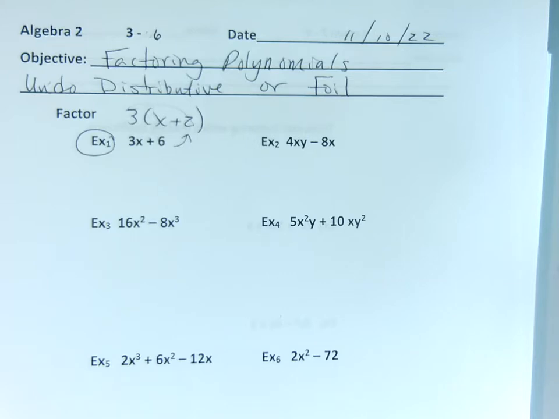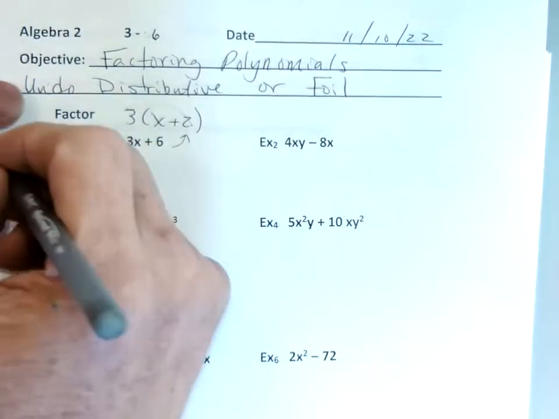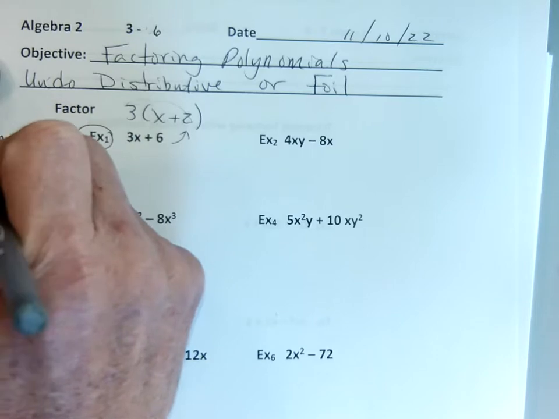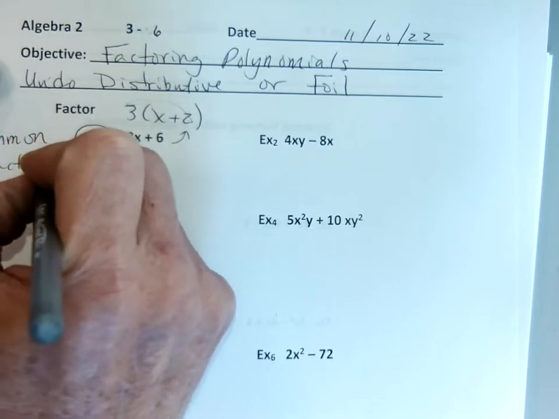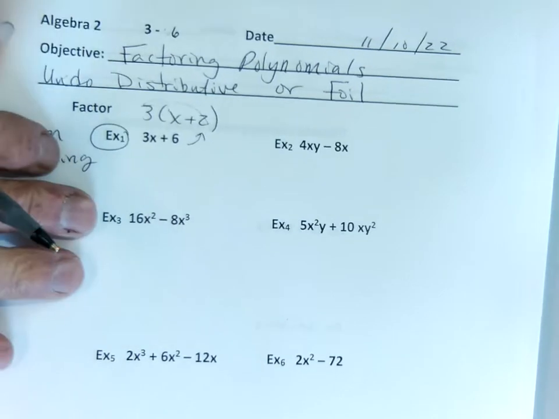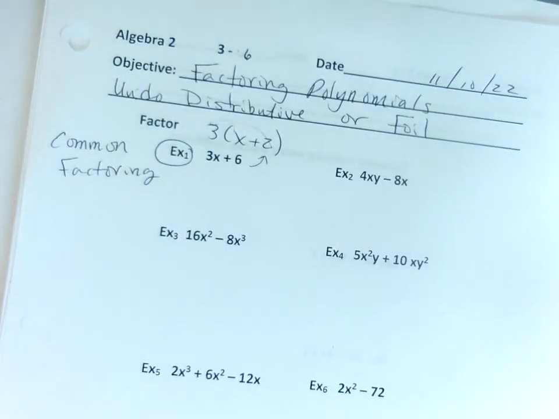The original problem is this. Here's how you do it. Write down common factoring, because we're looking for what's in common. What do they have in common in example 1?